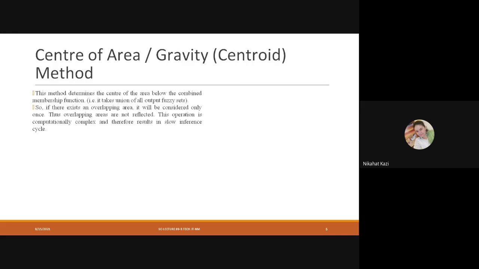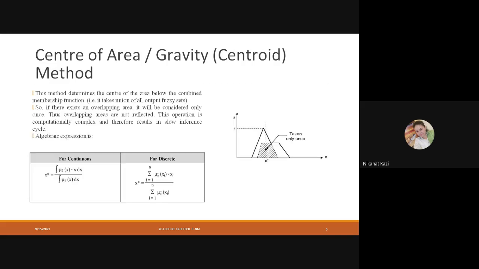So if there is something which is overlapping, for example you have these two regions, then that overlapping area is counted only once. It's not that you find the area of this and then the area of this and then find the centroid of each and take the average. No, you look at the combined output region and find the centroid for that region. How will you do it?